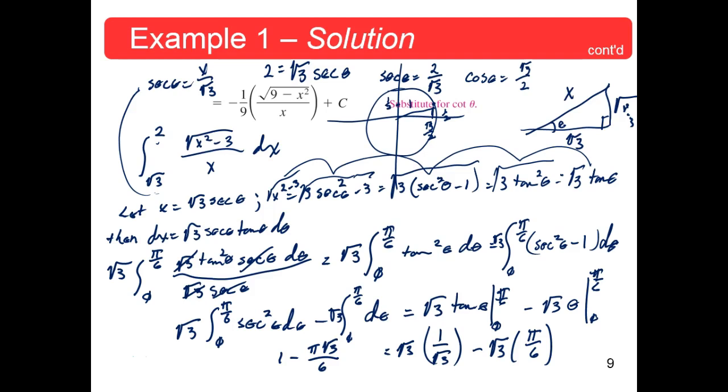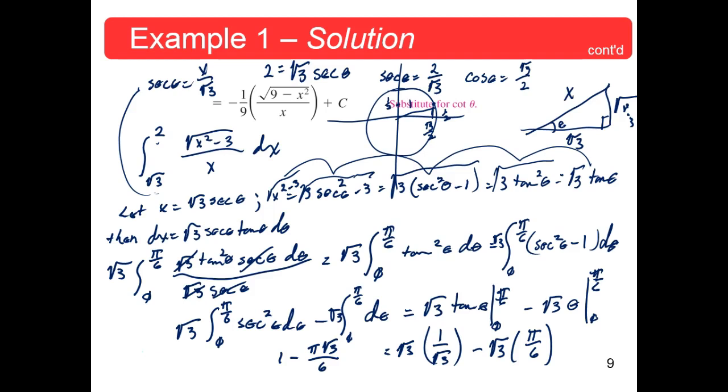If you hadn't changed these here and just left it as an indefinite integral for a while, and you got down to this stage, √3 tangent theta minus √3 theta, okay?